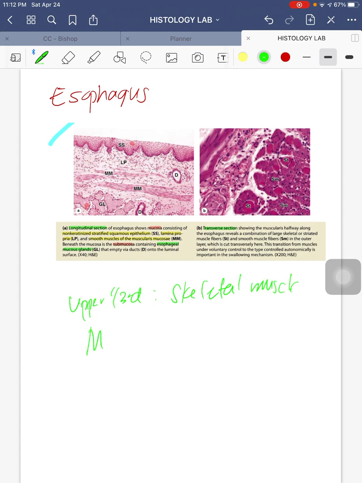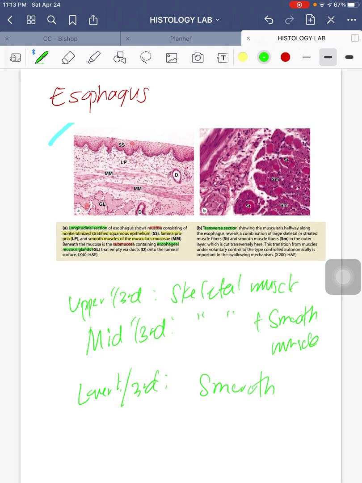The mid 1/3 is a mixture of skeletal muscle plus smooth muscle. And finally, the lower 1/3 is purely smooth muscle. That's why in the upper 1/3 there's still some motor or voluntary innervation, like when you swallow.